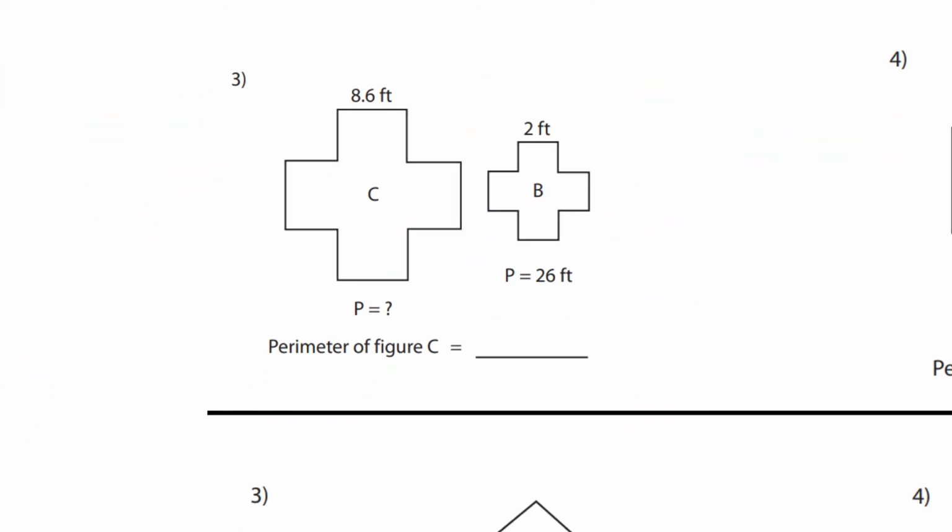Okay, now the next one, we've got to notice what's going on here. On this one, we're looking for this one. So it's kind of backwards of the way we've been doing this on all the stuff so far today. So this time we're going from here to here. So you got to pay attention for that. So 2 times what gives you 8.6?